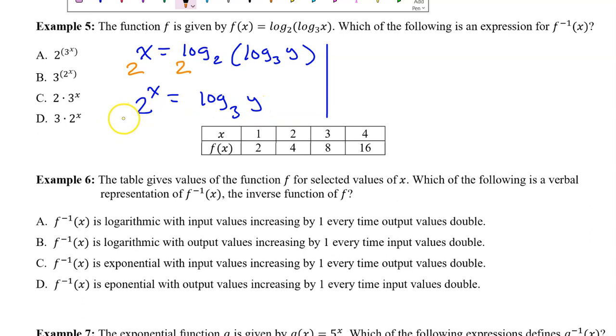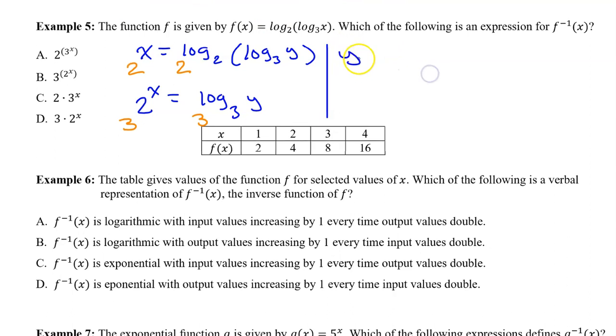I am going to drop a base 3 on both sides of this equation as well. So the base 3 and the log base 3 will cancel each other out, leaving y by itself. So y is equal to 3 to the 2 to the x power.